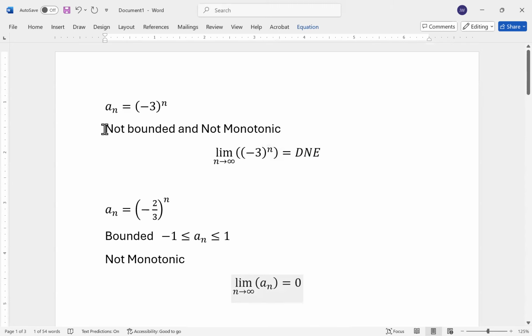If your sequence is not bounded, then your limit probably is going to be infinite or does not exist. And so the limit might go off to infinity, might not exist.